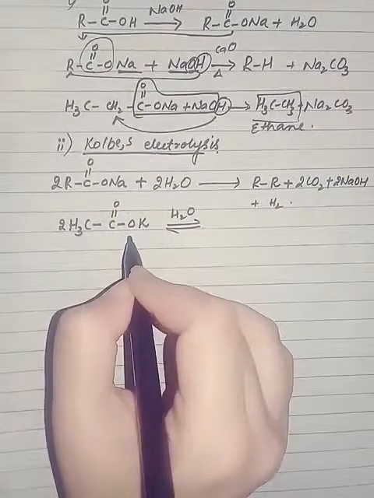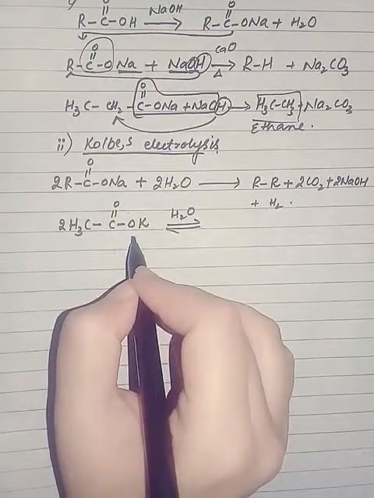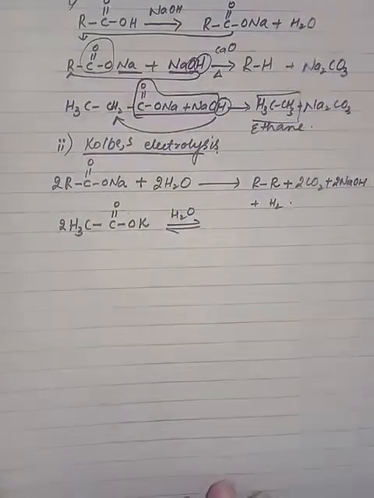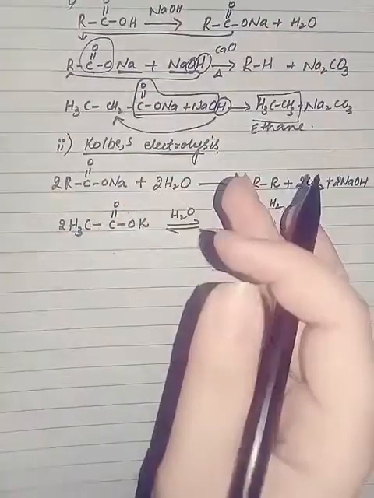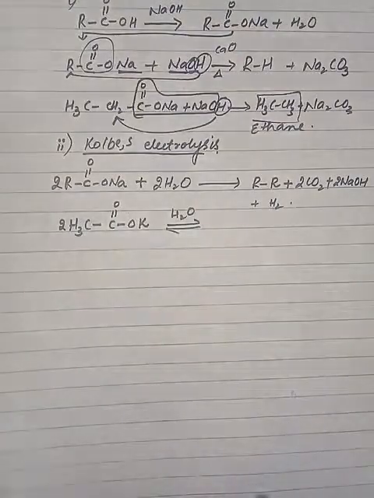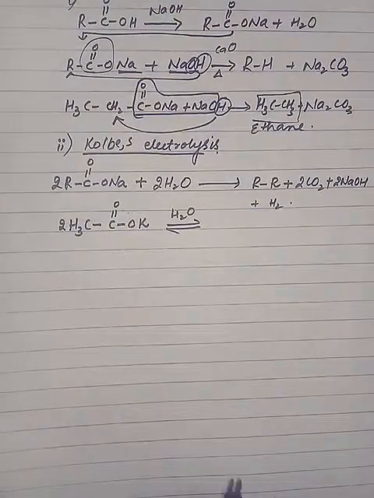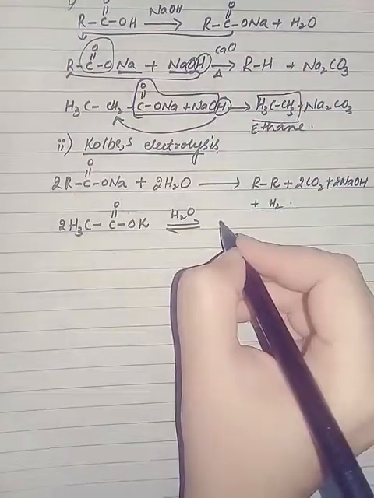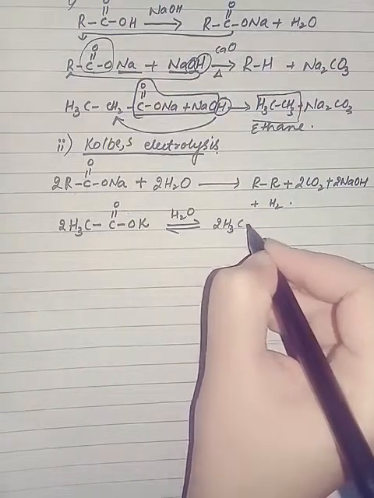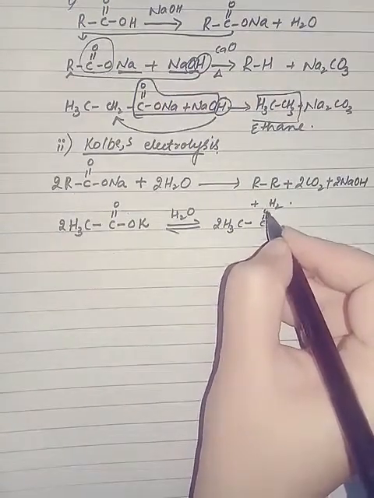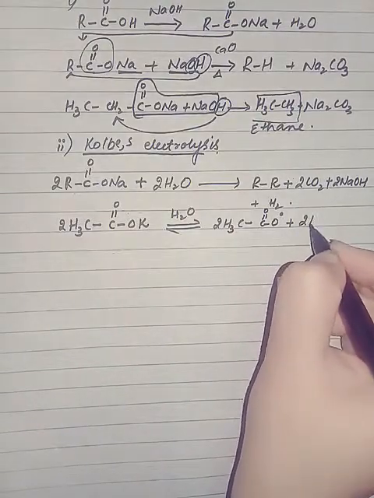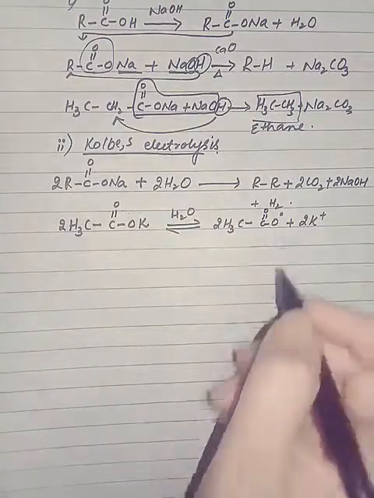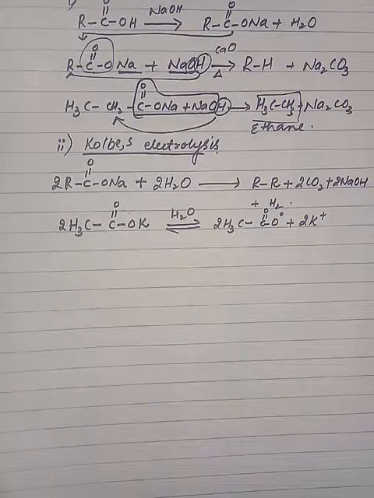It will first break into cations and anions. The first step in electrolysis is that the salt is broken into cations and anions. Then they move towards the respective electrodes. So it will be potassium ions and this carboxylate ion.